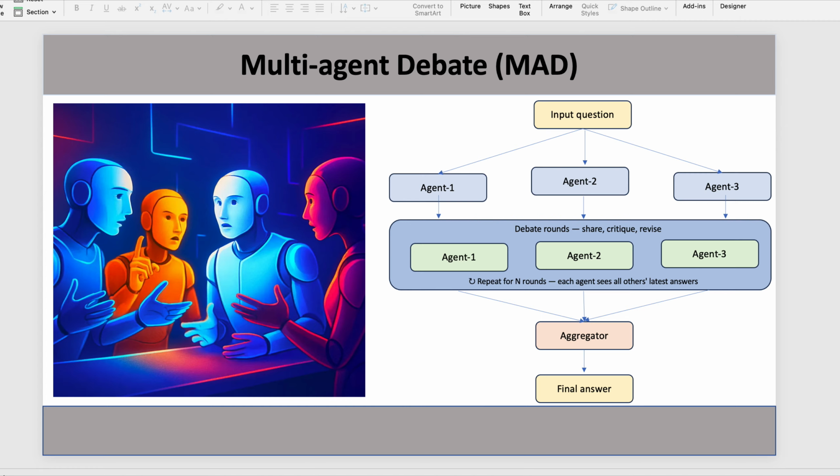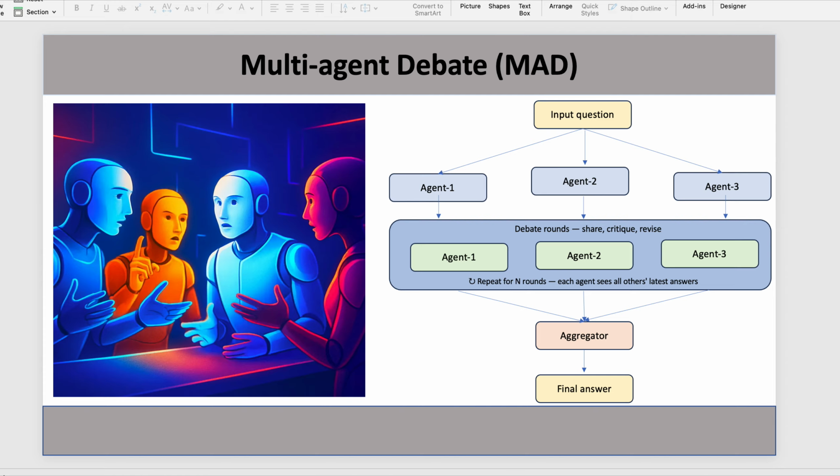The second one is the debate rounds. The agents then enter the debate phase where they share their answers, critique each other, and revise their own thinking based on what the others said, just like experts in a meeting room.